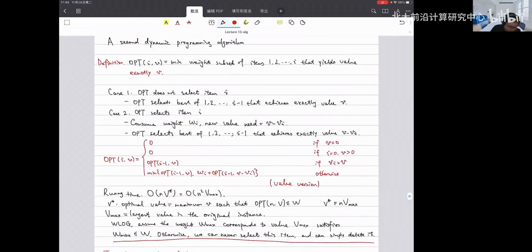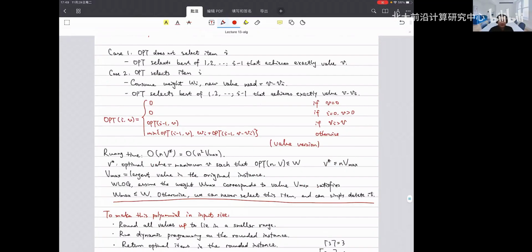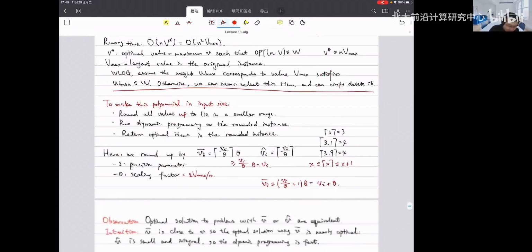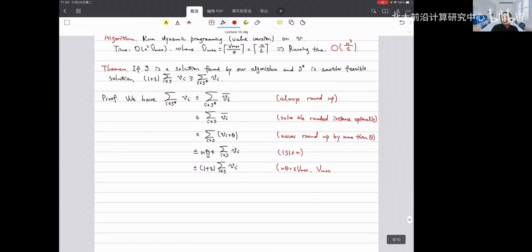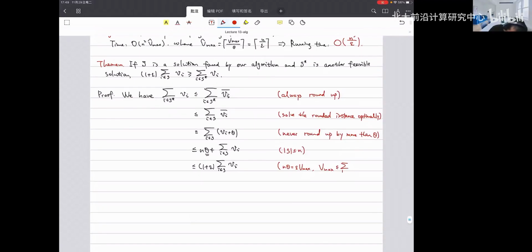This is the point where we have assumed that the weight corresponding to V max, W max, is at most W. Based on this assumption, one possibility is to just choose the V max item. This is always a solution, and we know that this is going to be bounded by the summation of V_i over i from S.